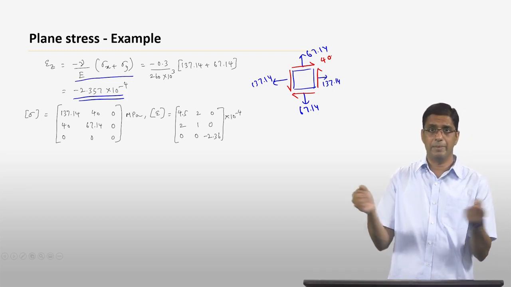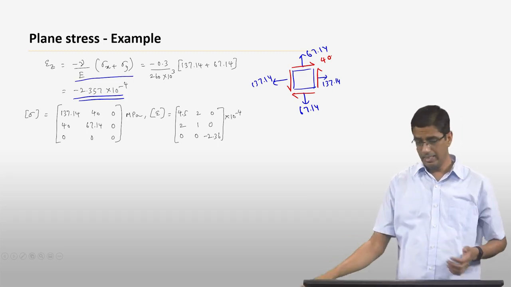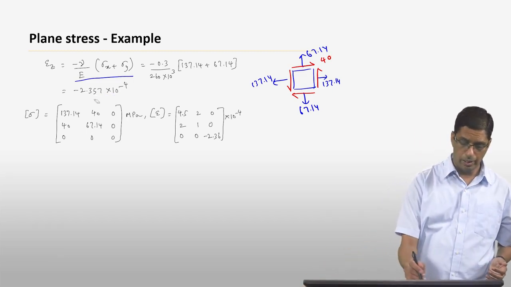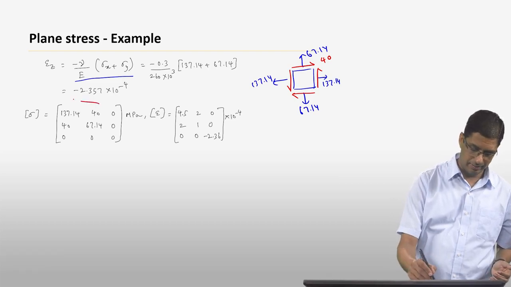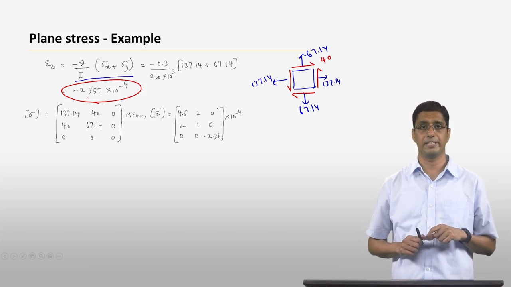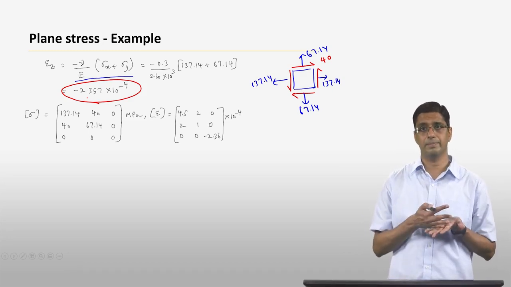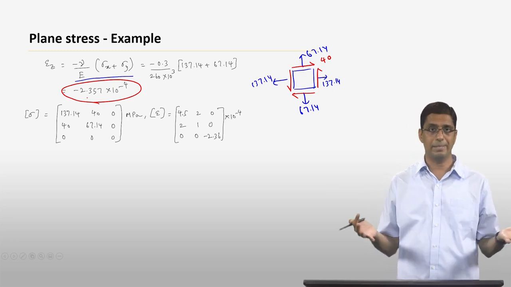So if it becomes elongated in the x and y direction, it becomes thinner in the z direction, right? That is the reason why you have a negative sign here. That is why the strain in the z direction is minus 2.357 times 10 to the minus 4, because it is getting smaller in the z direction. So that also makes sense.